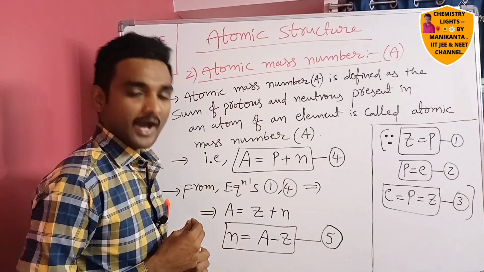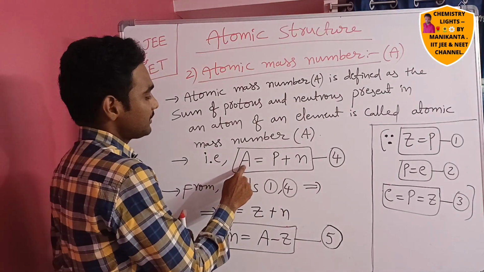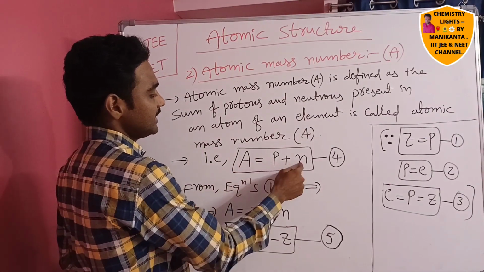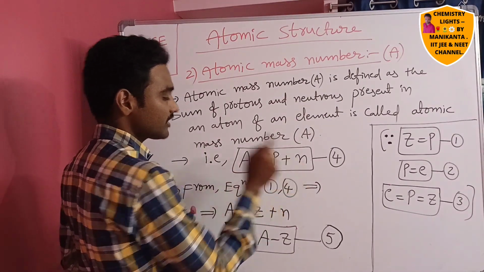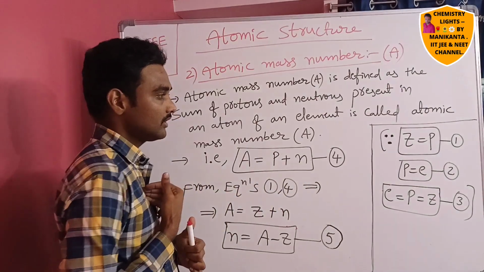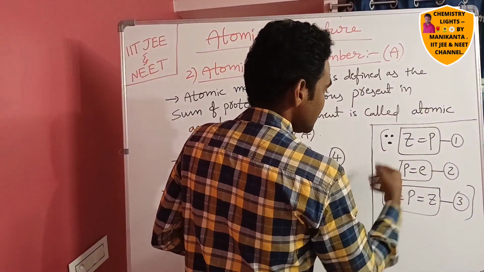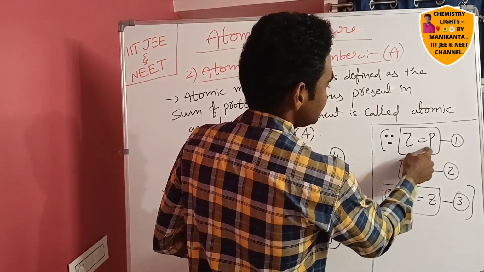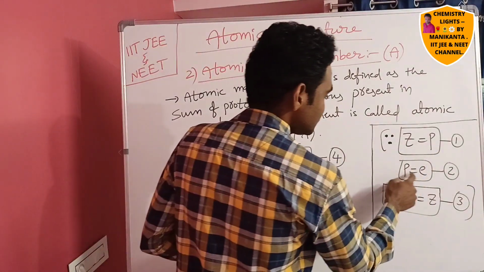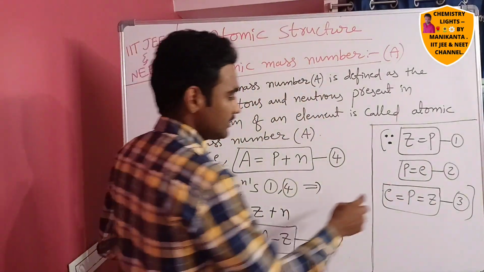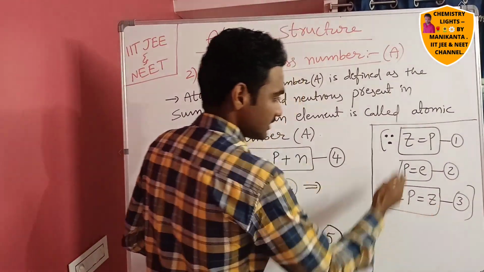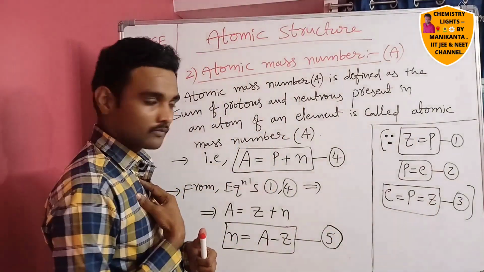It means A is equal to P plus N, number of protons plus number of neutrons. Already we learnt in the previous class that Z is equal to P, P is equal to E, and E is equal to P is equal to Z.